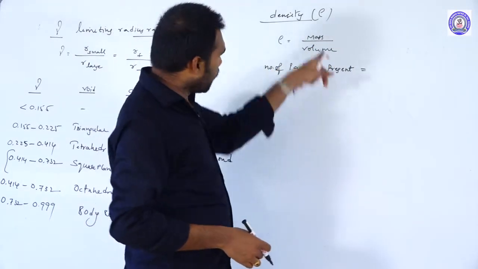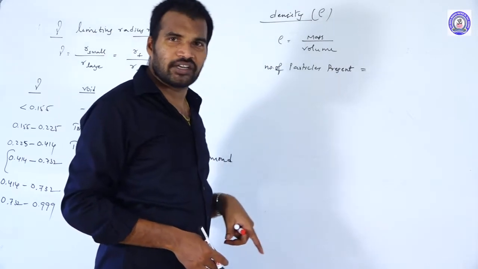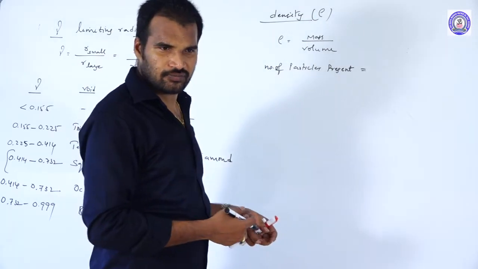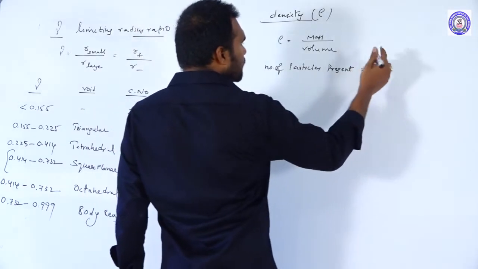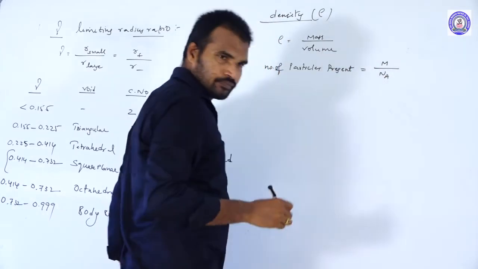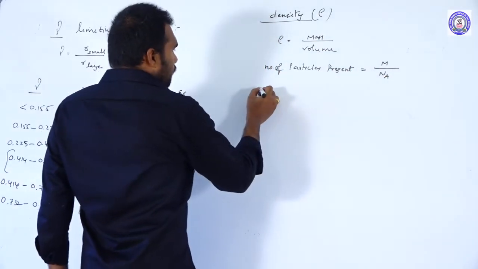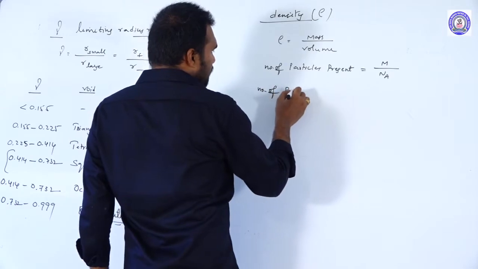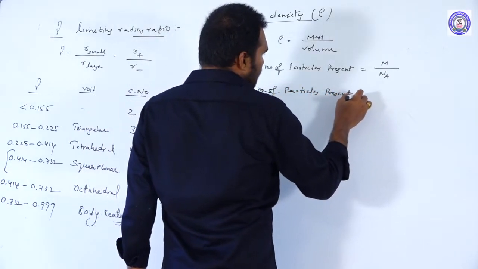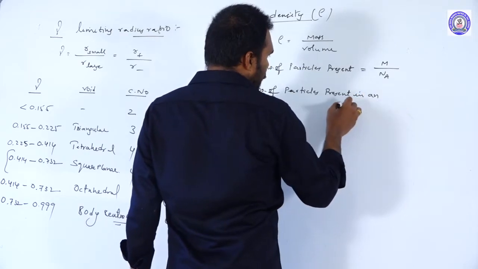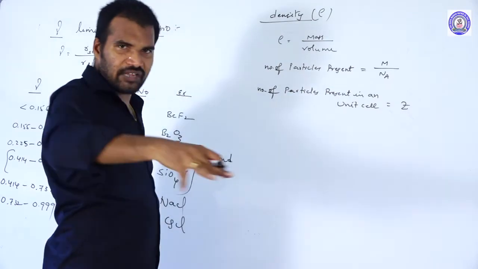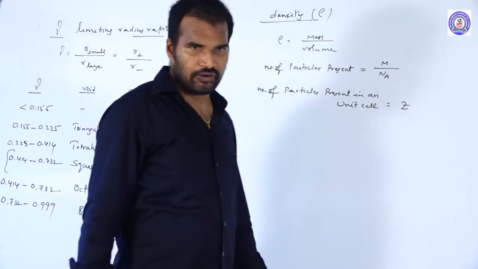So how to calculate from mass? How to get the number of particles? You just divide by the Avogadro number. You get the number of particles. Okay. So number of particles present is equal to mass by Avogadro number. Next one. Number of particles present in a unit cell, Z, as we know, Z is nothing but effective number of atoms present in one particular unit cell.